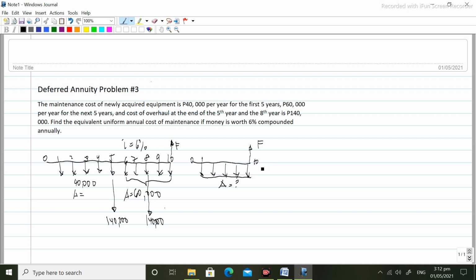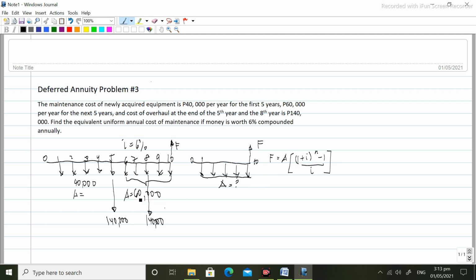So, ang formula dito sa itong right cash flow is equal to F annuity na 1 plus I raised to n minus 1 divided by I. So, ito po yung formula.